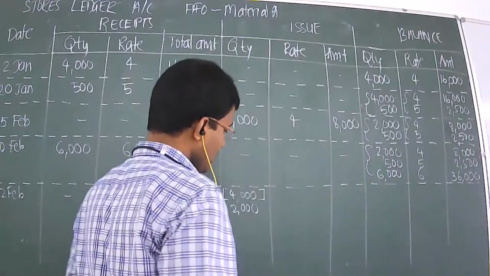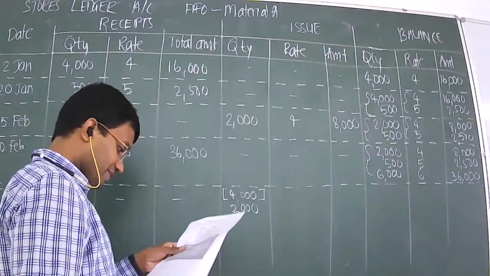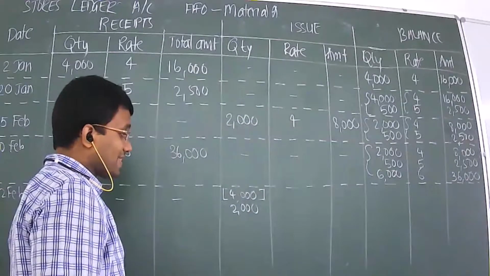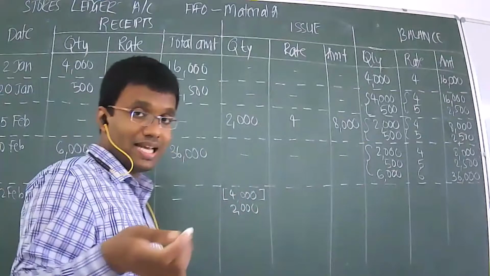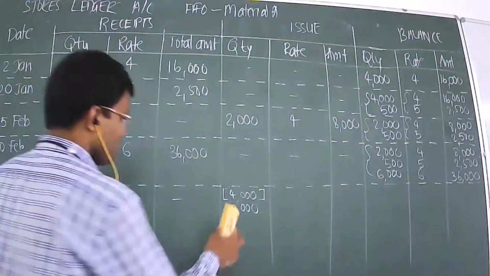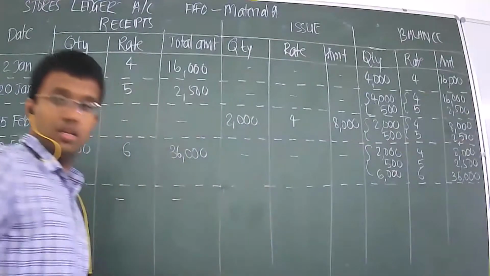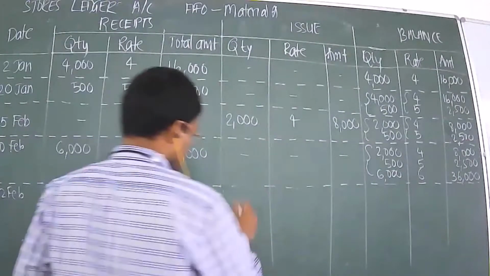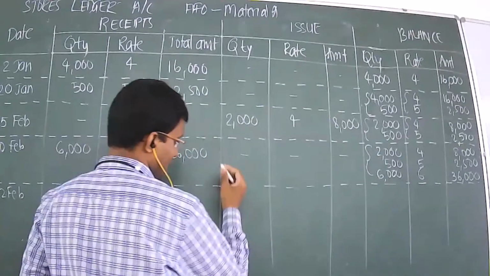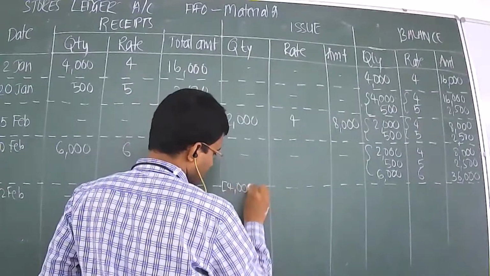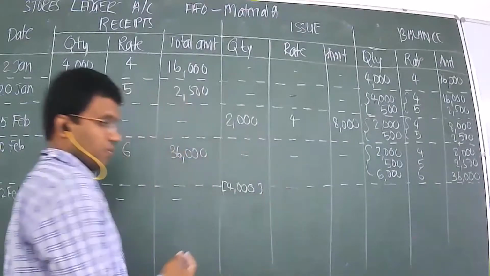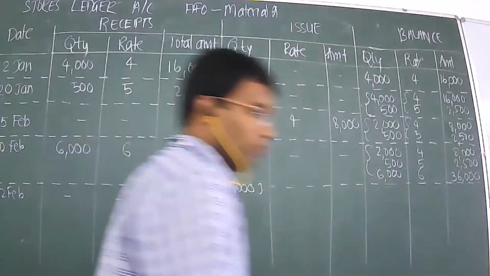Then from my second batch, please remember my requirement was 4,000. I have to save on space. So my requirement was 4,000.